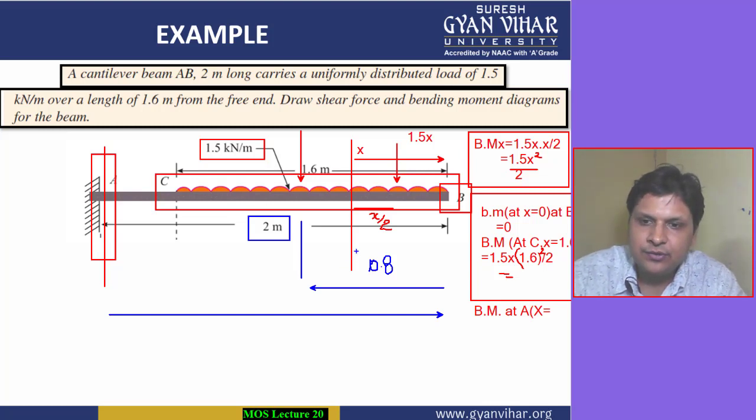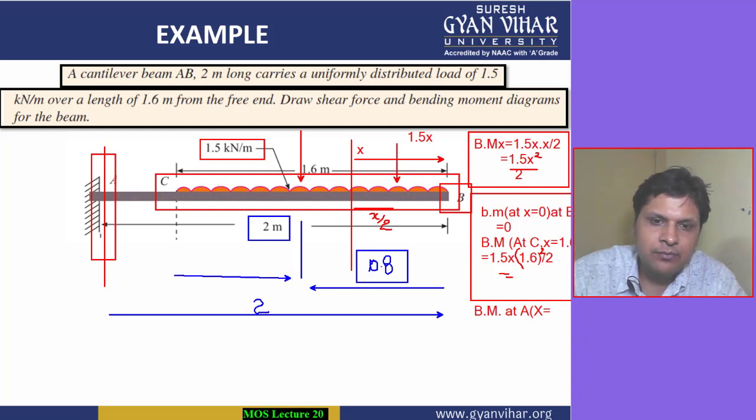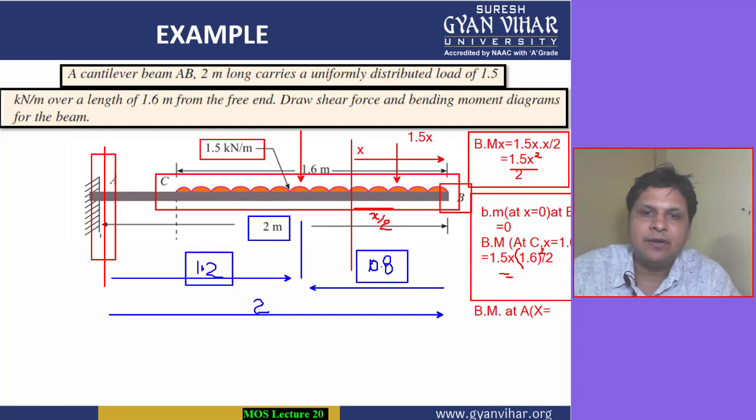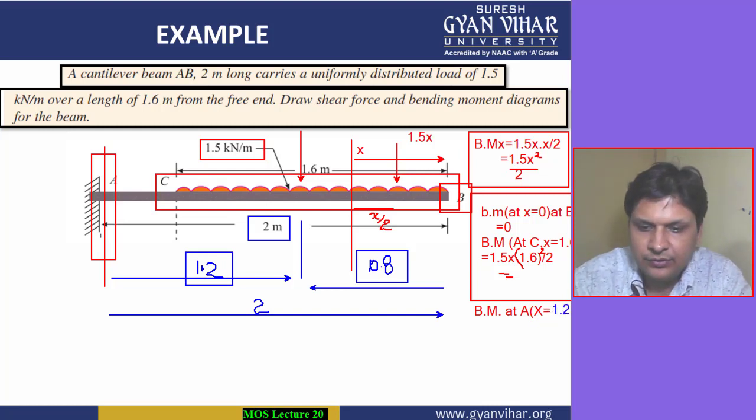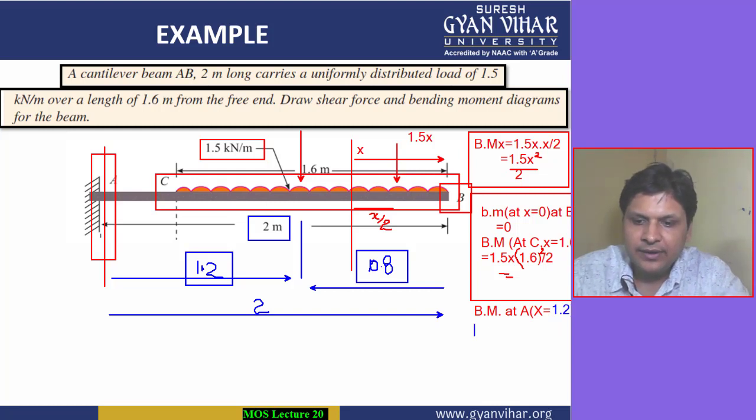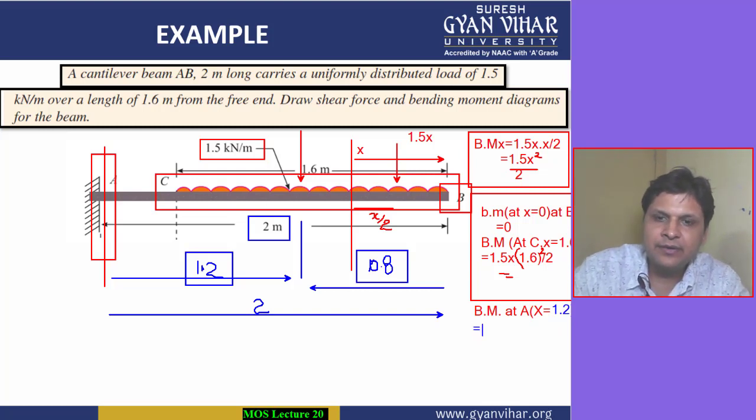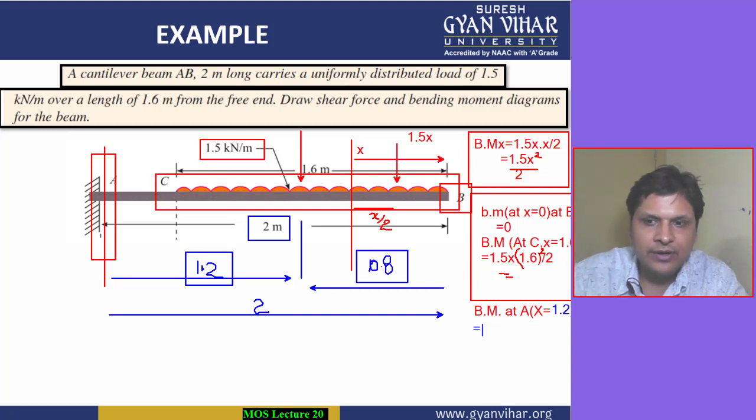Once again, this is 0.8, students, and the whole length is 2. So the remaining distance from this point to this point will be 2 minus 0.8, which is equal to 1.2. This is the value of x which we will have to take. So you put the value of x here as 1.2, and then you can calculate the value of bending moment at this particular point. In this way you can calculate the bending moment.